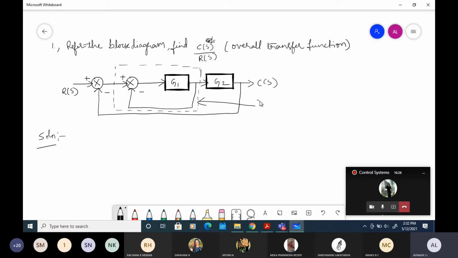So indicate this as minor feedback loop. It is called minor feedback loop. So when we want to say anything as a feedback loop, there should be input arrow mark, there should be a summing point, there should be a block, and there should be a feedback.